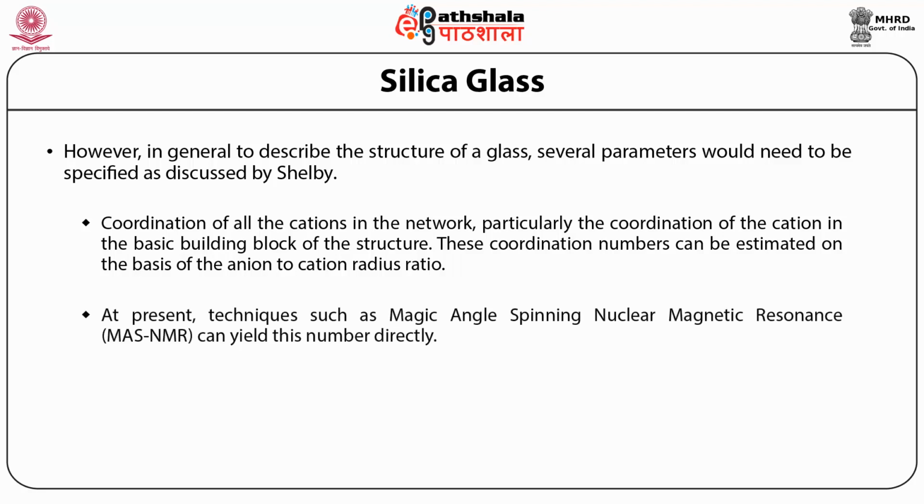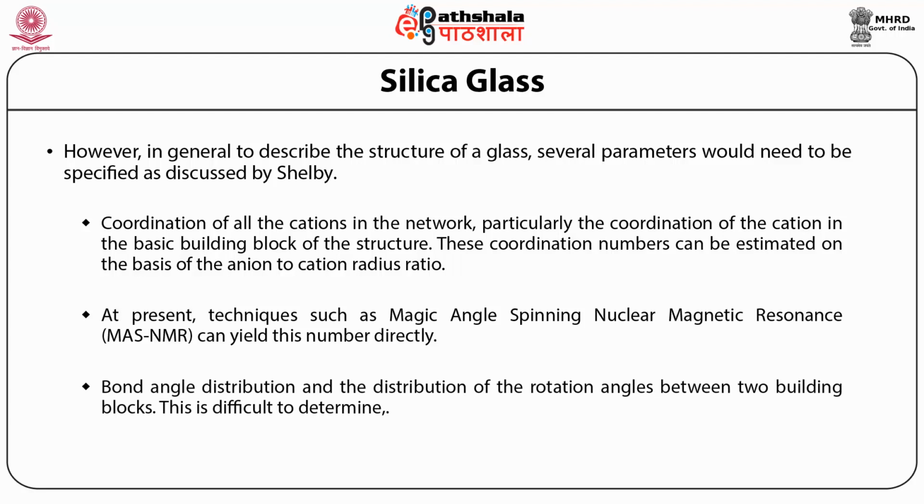At present, techniques such as magic angle spinning nuclear magnetic resonance, that is MAS NMR, can yield this number directly. Next is bond angle distribution and the distribution of the rotational angles between two building blocks. This is very difficult to determine.